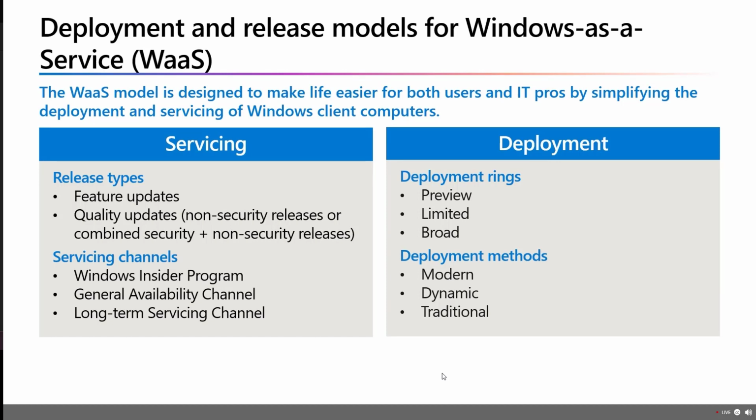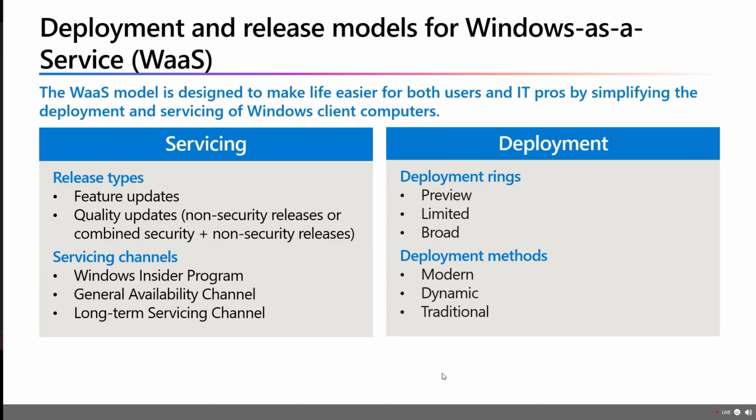So let's dig into the modern deployment method. While we're looking at that, it embraces both the traditional on-premise and cloud services to deliver a streamlined and cost-effective deployment experience. So we're talking Windows Autopilot or the in-place upgrade approach there. Now, a dynamic deployment method enables you to configure applications and settings for specific use cases without having to deploy a new custom organizational image to each device.